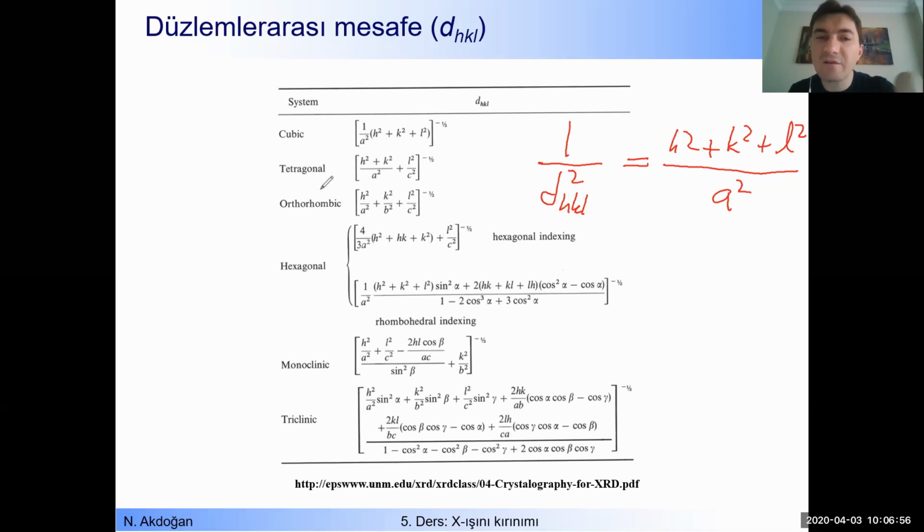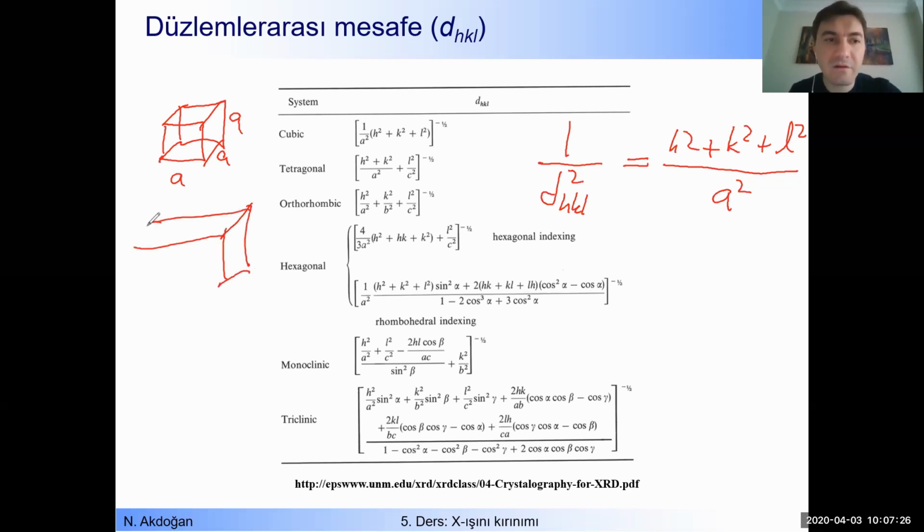If we have tetragonal crystals, now we have c. I will not give you information about the crystal structures in detail, but maybe it is better to remind you that in cubic structures, we have lattice parameter a in that direction, a in that direction, and a here. But in the case of tetragonal crystals, we have a here and c here, okay?